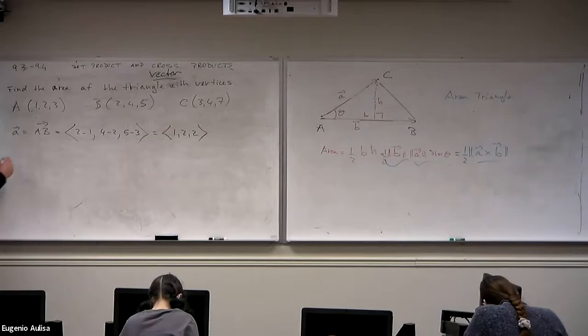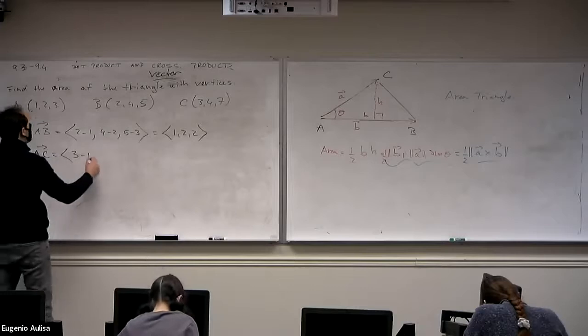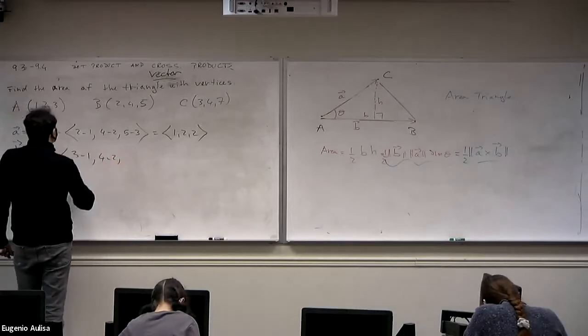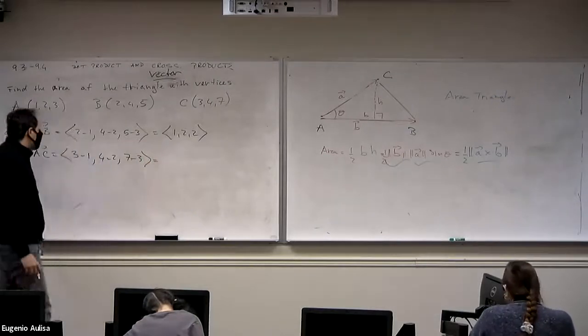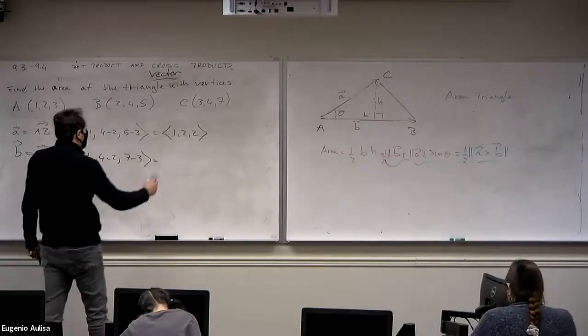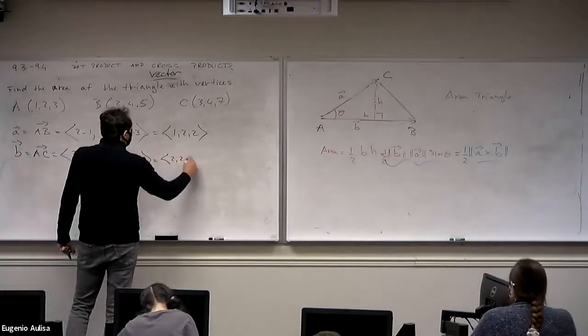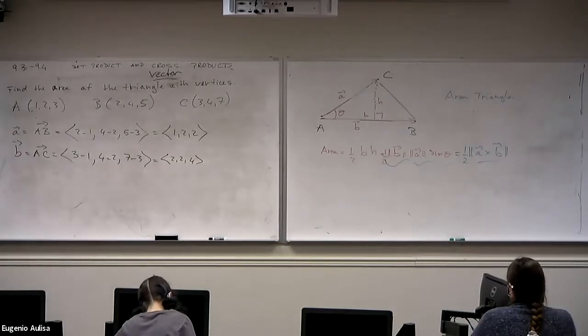The vector B is the vector with foot in A and head in C. So similarly, we do 3 minus 1, 4 minus 2, 7 minus 3. So we are going to get the vector 2, 2, 4.